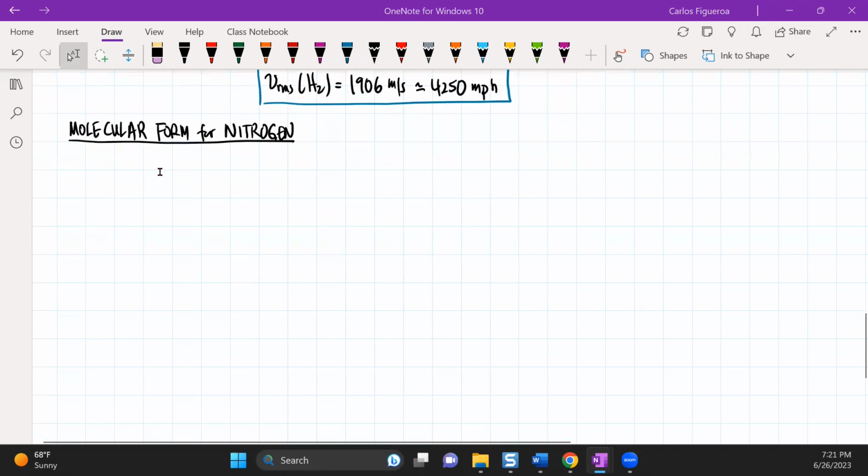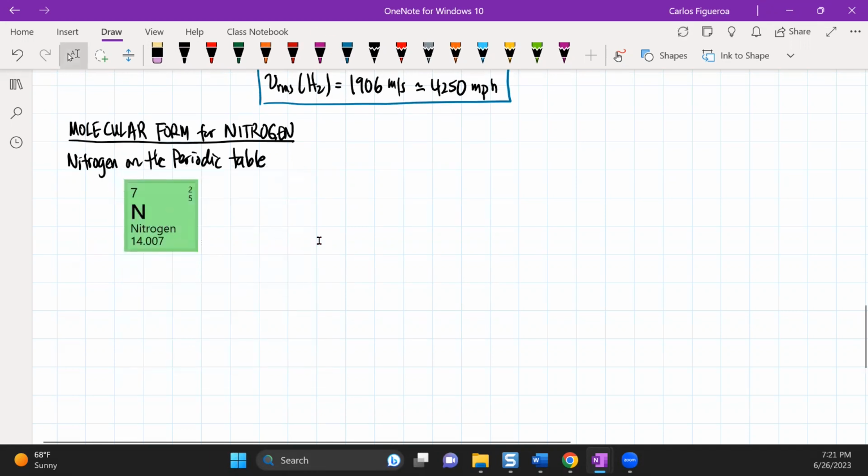So here we go. If I look at nitrogen on the periodic table, here's what we see.